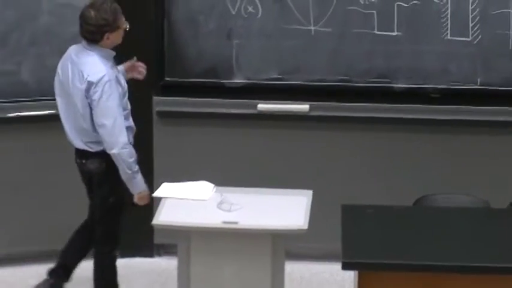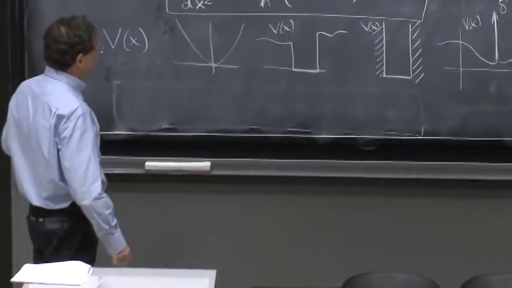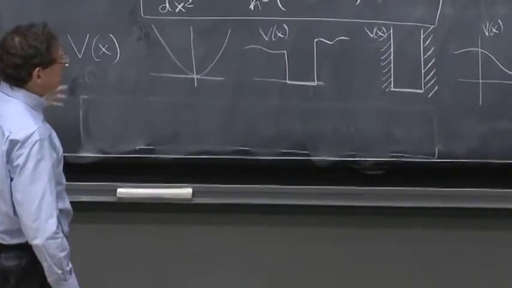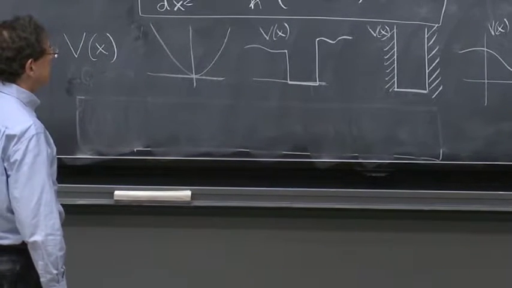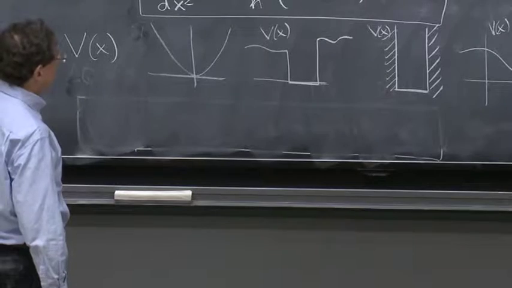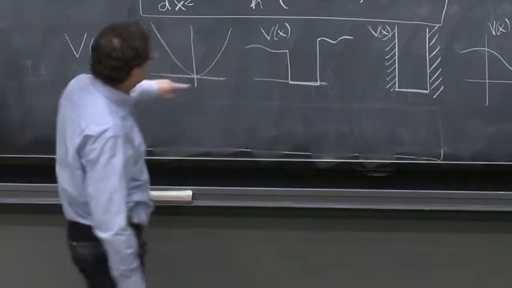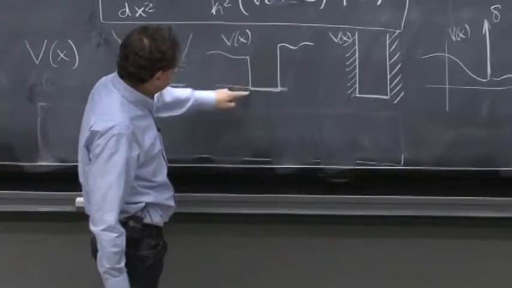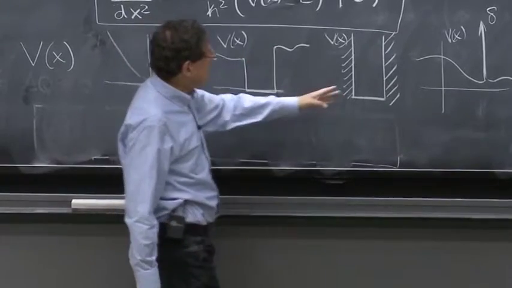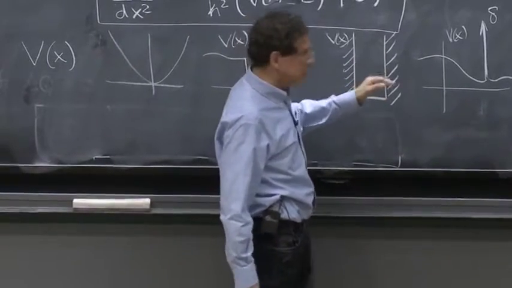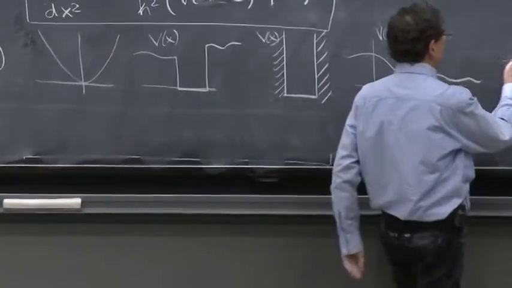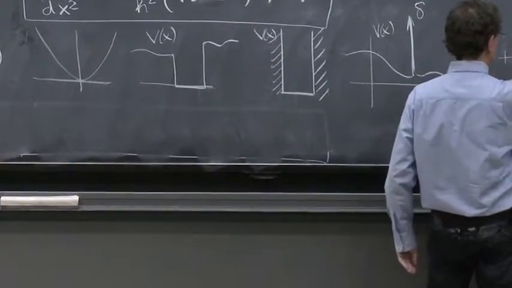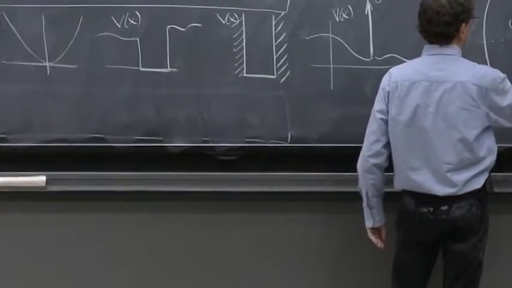So it's your choice. Now, we are going to accept all of those potentials for our analysis. They may be nice and smooth. They may have discontinuities. They may have infinite discontinuities, and worse things like delta functions. But worse things than that, we will ignore.